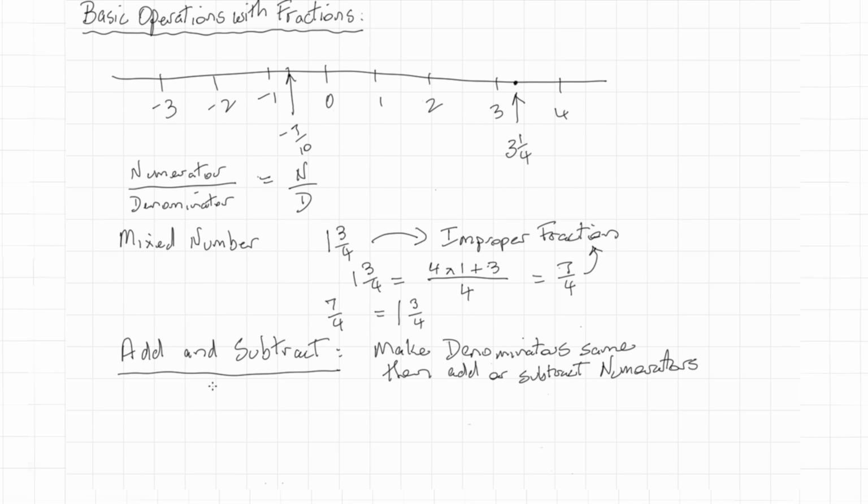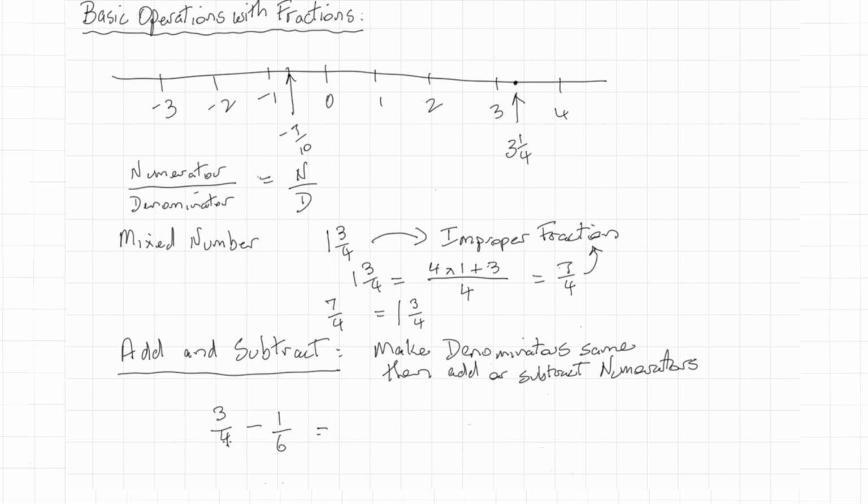All right, let's do an example. So we've got 3/4 minus 1/6. We've got to make the denominators the same. Now we can only do that by multiplying or dividing the denominators by the same number.